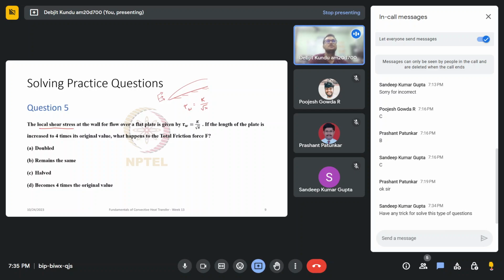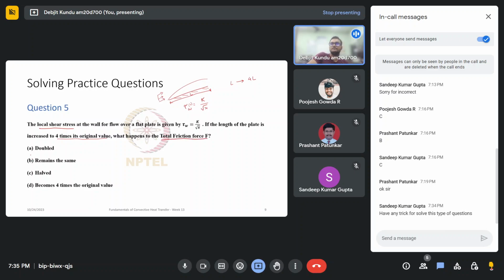This is the usual form that the local shear stress takes. Now, if the length of the plate is increased to 4 times its original value, so the total length of this plate, let's say this was L to begin with, and L was made 4L, 4 times its original value, then what happens to the total friction force F?